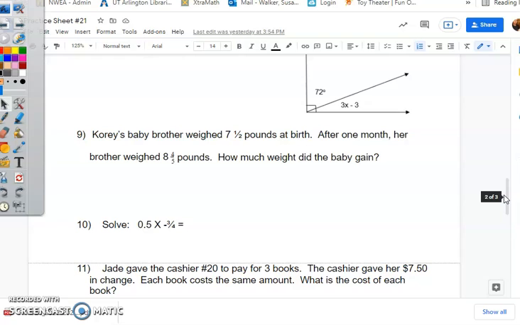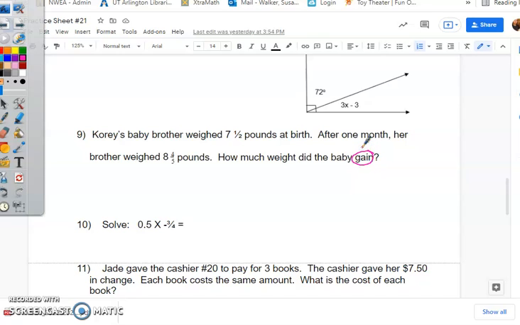Okay, so number 9 says, Corey's baby brother weighed 7.5 pounds at birth. After 1 month, her brother weighed 8 4/5 pounds. So he grew, right? How much weight did the baby gain?